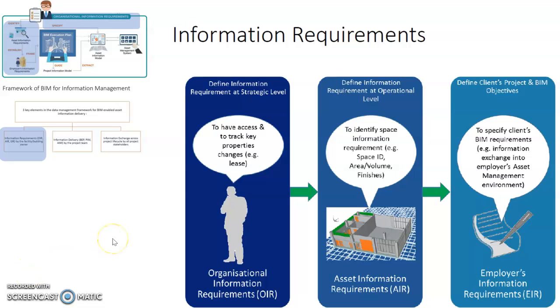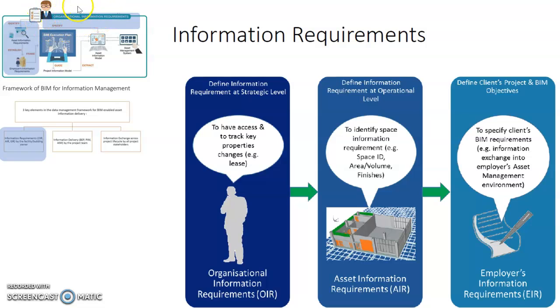Let's look at the first area of the framework, which is talking about the information requirements. As discussed earlier, in terms of information requirements, it all starts from the very high level.